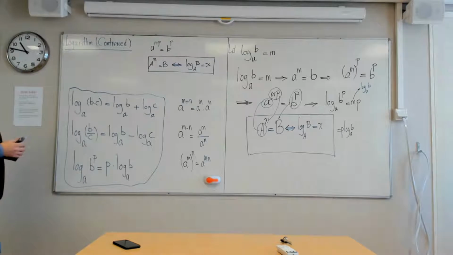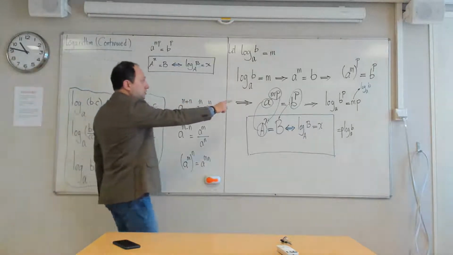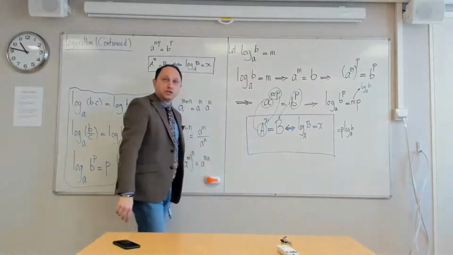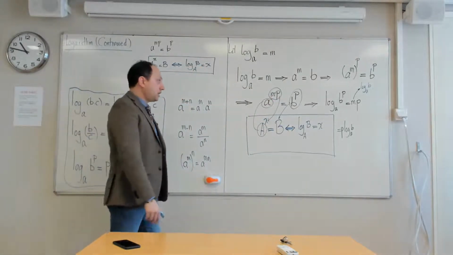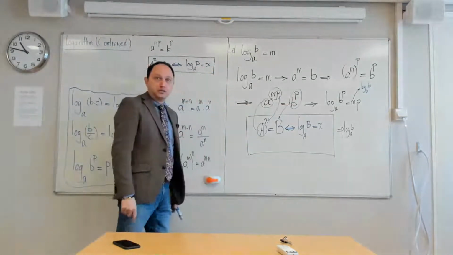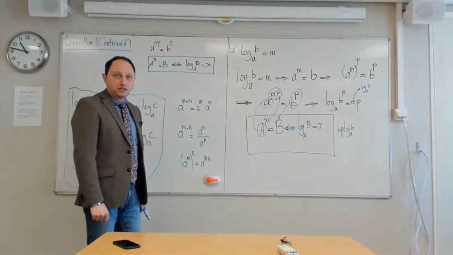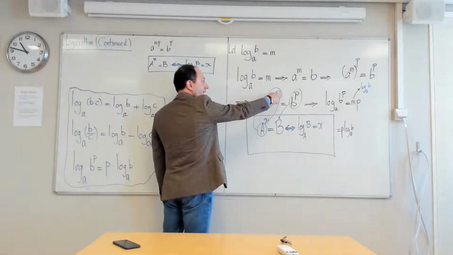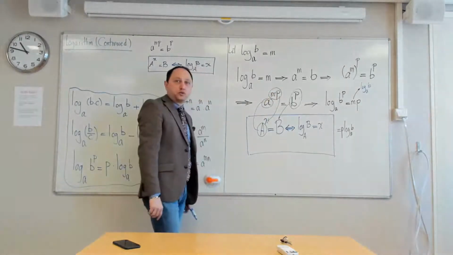Okay, so now here you told me to give the role of x to this exponent mp. But I also can give the role of x to this exponent p. There is no obligation there, yes? Because if you ask me what is on the left-hand side, that's a power with mp as its exponent.